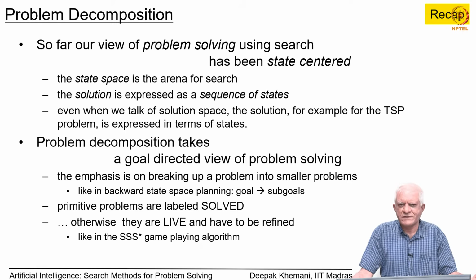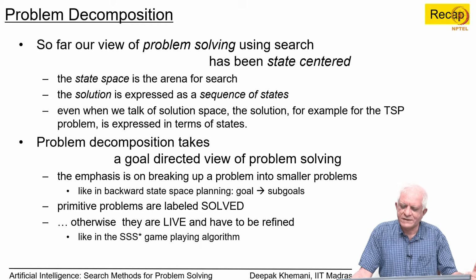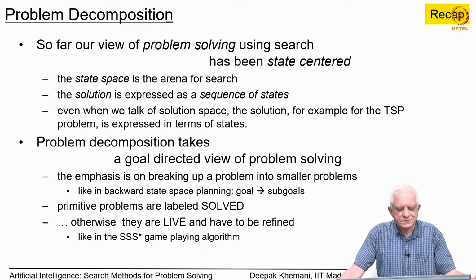Otherwise, they were live goals as we call them, and they had to be worked upon to either break them into smaller sub goals or transform them into some other problems. And we saw a flavor of this also in the SSS star game playing algorithm. So, this slide of course, I have taken from the problem decomposition slide, and it is a recap of what we have done so far.